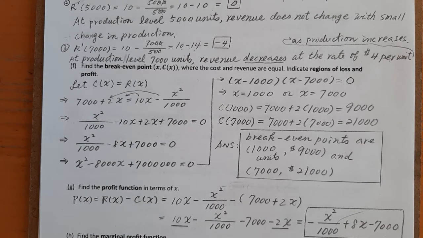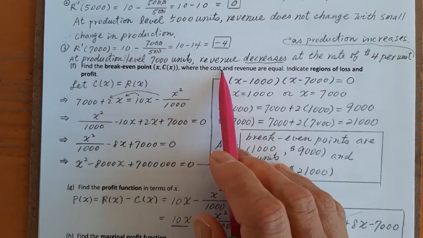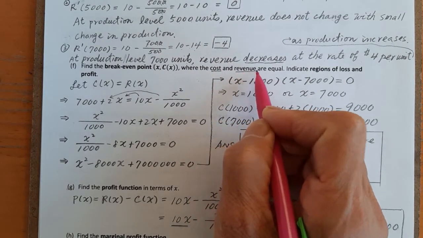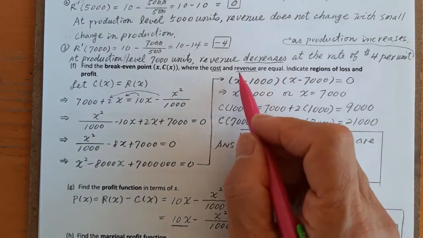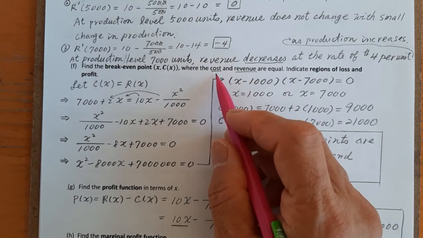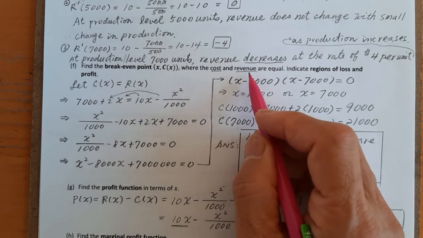That means you don't have any profit. You don't lose, and you don't gain. The cost and the revenue are equal, and that means you don't lose any, and you don't gain any.